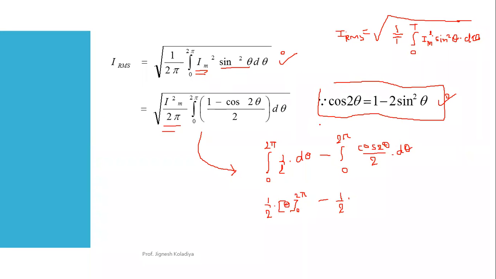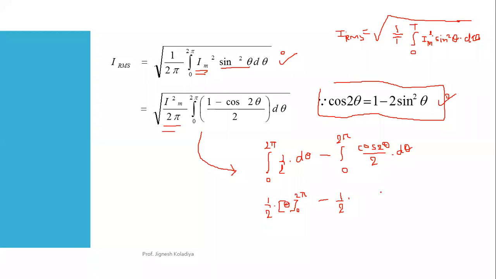Sine 2x by x. So here you can write it is sine 2 theta basically.